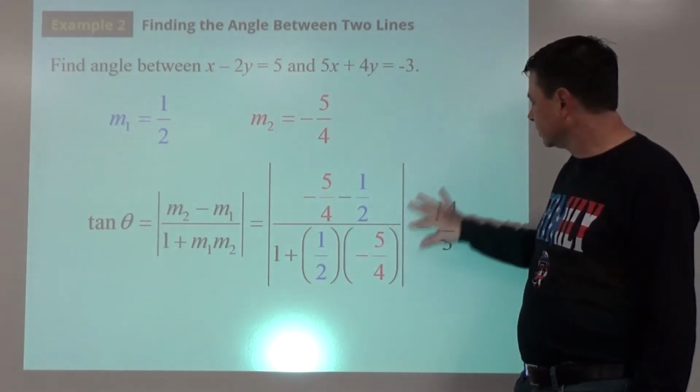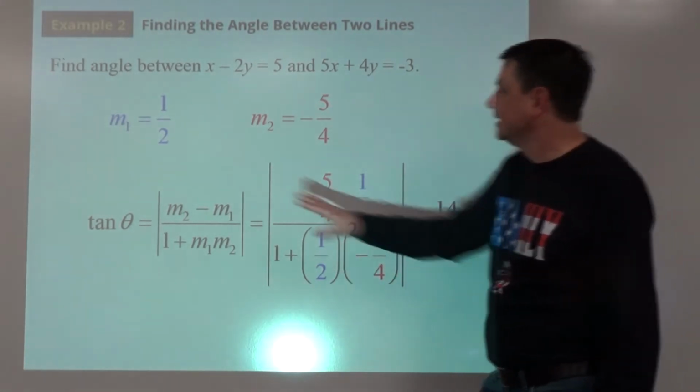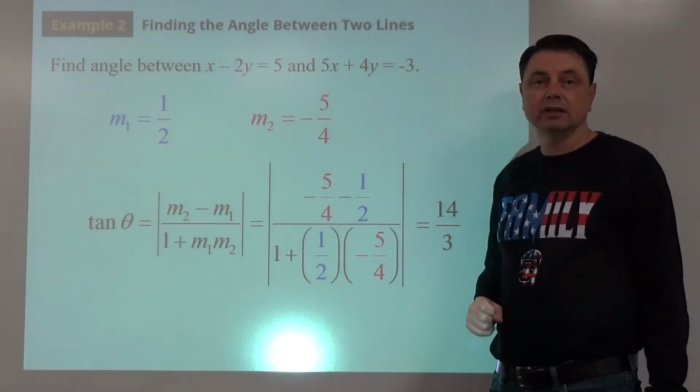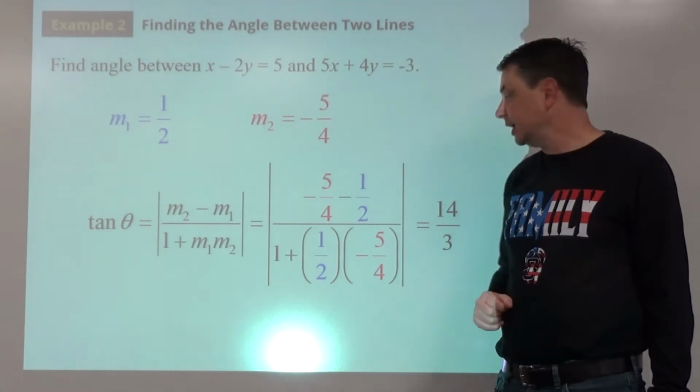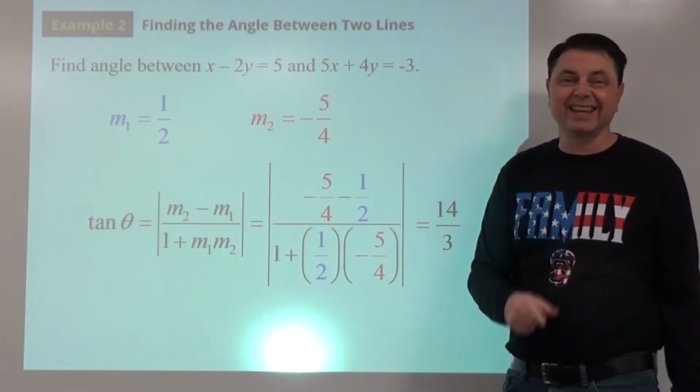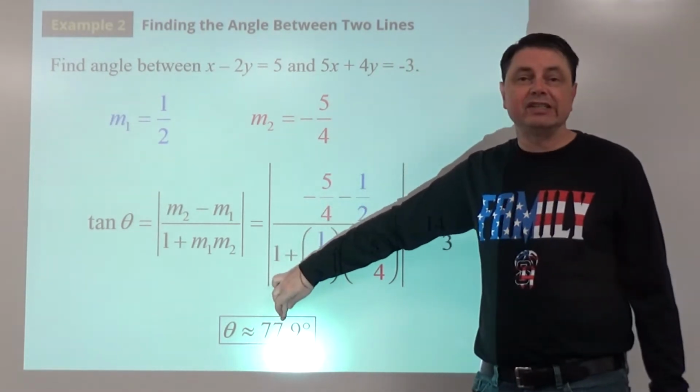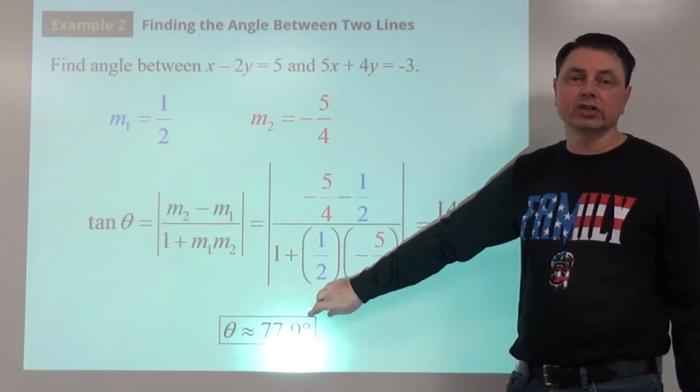We're going to complete the evaluation there. Tangent of theta is going to be 14/3. So now we can take inverse tangent of 14/3 to get theta. Theta is approximately 77.9 degrees.